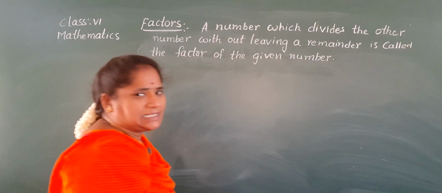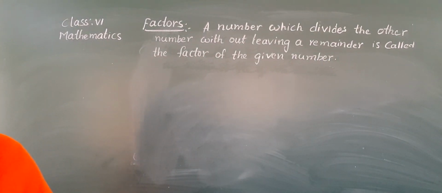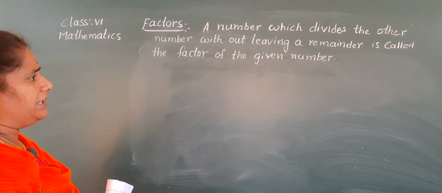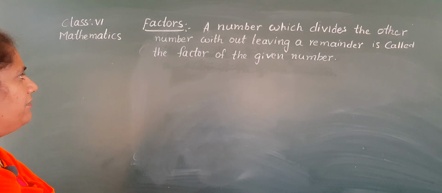Write neatly in your classwork, children. A number which divides the other number without leaving a remainder is called the factor of the given number.